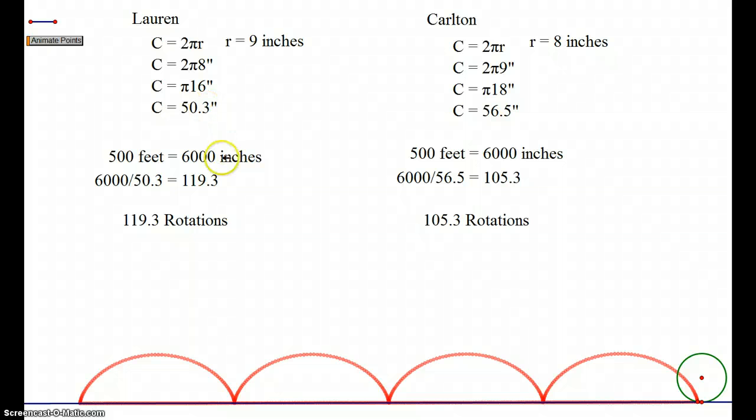Once we have our inches, we divide by the circumference, and that gives us how many times this circumference goes into 500 feet, or how many rotations, because each rotation is 50.3 inches. Once we have that number, we know the number of rotations. So Lauren does 119.3 rotations to cover 500 feet.